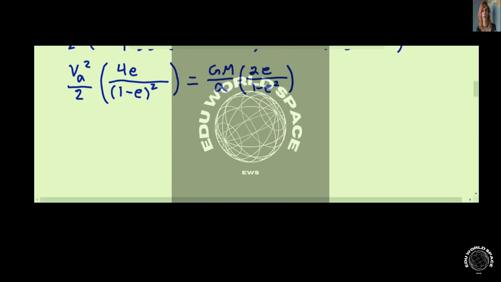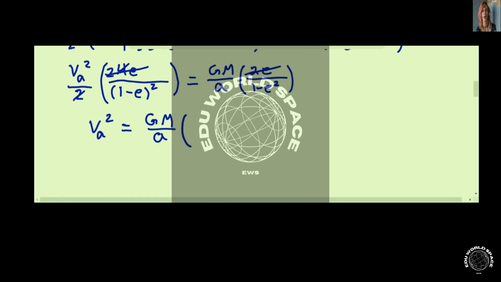All right. And then we've got to solve this for VA. Once again, I can simplify that. 4 over 2 is just 2. I've got a 2E on both sides of my equation, so this 2E cancels with this 2E. I can just divide that off entirely. And I'll have VA squared equals GM over A times this 1 minus E squared.